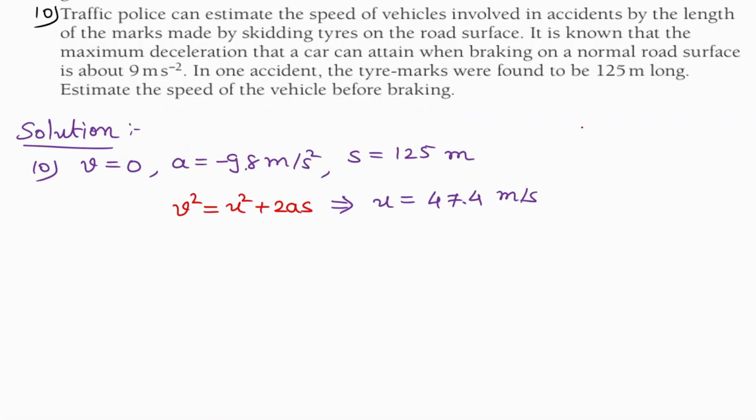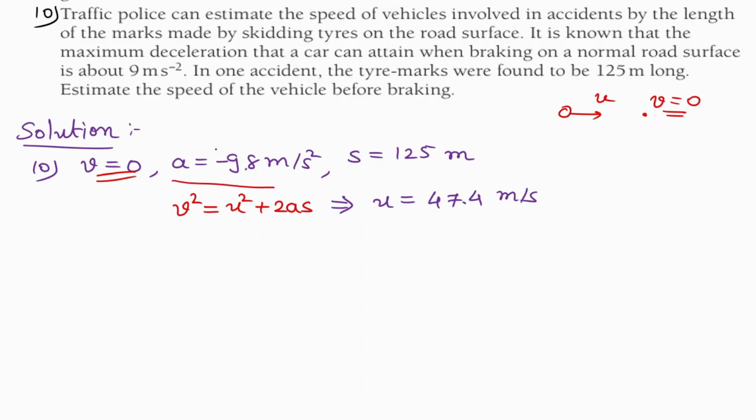Now the solution: some car is going with velocity u. After some time, it will stop, meaning the final velocity is zero. Consider that scenario in your mind, and this will help you identify the variables and the expected values of the variables.